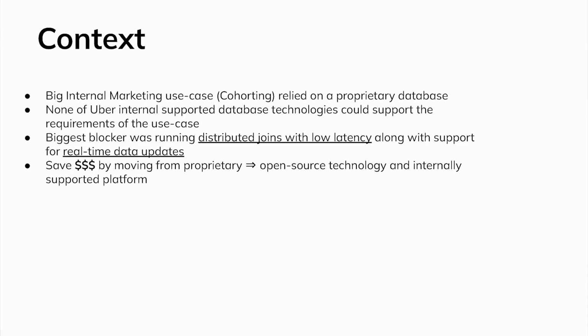Let's say you're looking at users who have taken a trip in the last 60 days, who are part of Uber One membership, which you should join, by the way, and who are in a particular city ID, and you want to send a particular kind of marketing campaign to them. Then you are interested in getting the user UIDs which match those particular traits. This is a common thing which is used almost everywhere.